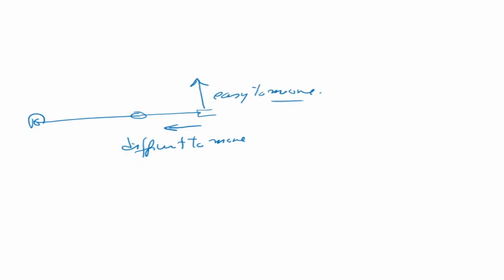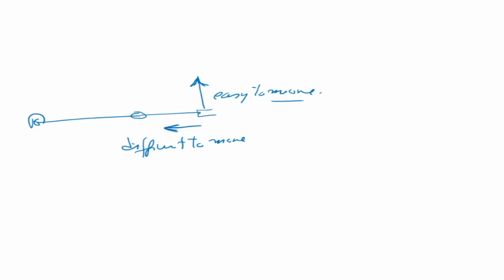So this is an indicator of ease of motion. In the workspace, both directions are not equally easy to move in, depending on where you are. This is something very interesting to note, that in this configuration, it is very easy to move upwards, but it is difficult to move like this.